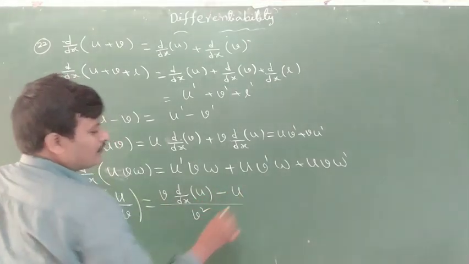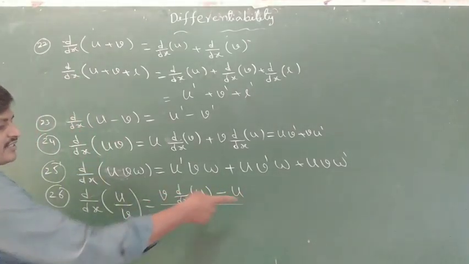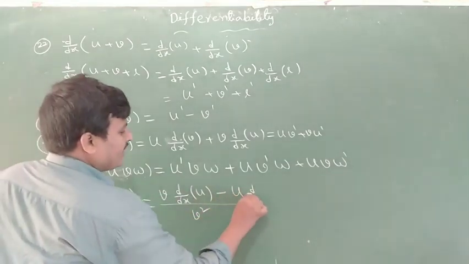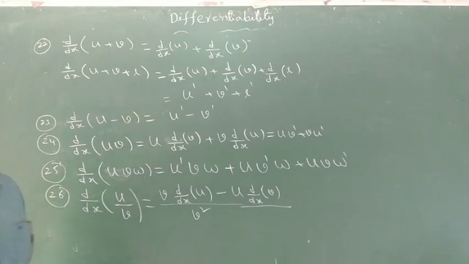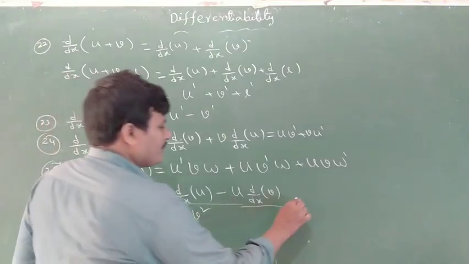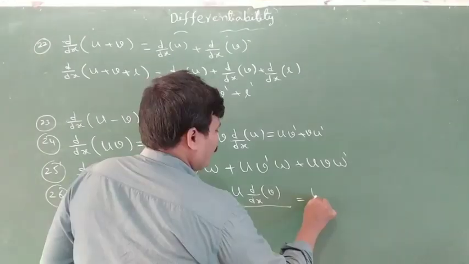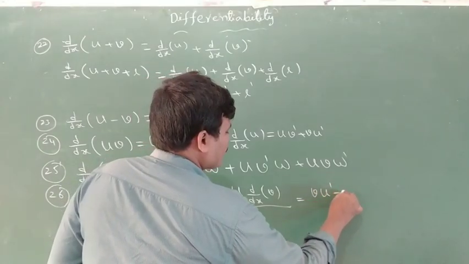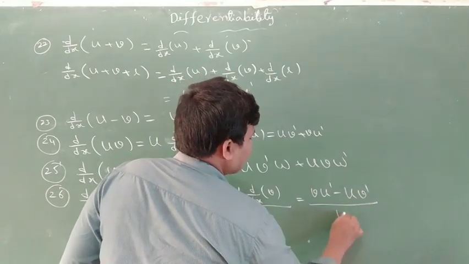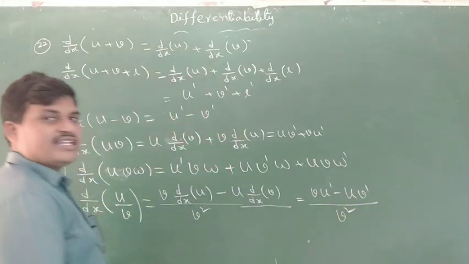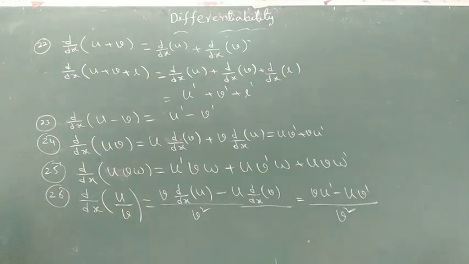Then u and derivative of v, d by dx of v. Simply, v into u dash minus u into v dash, by v square, not u square, v square. This is the u by v formula.